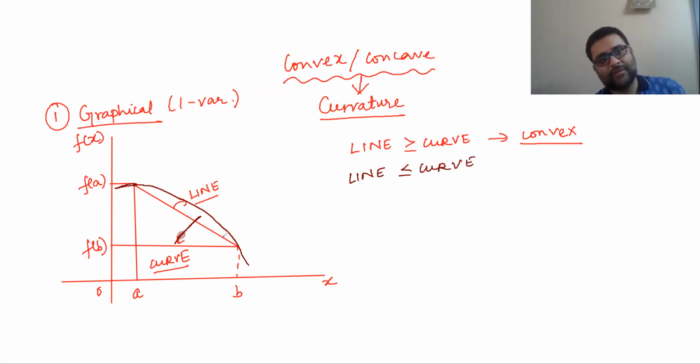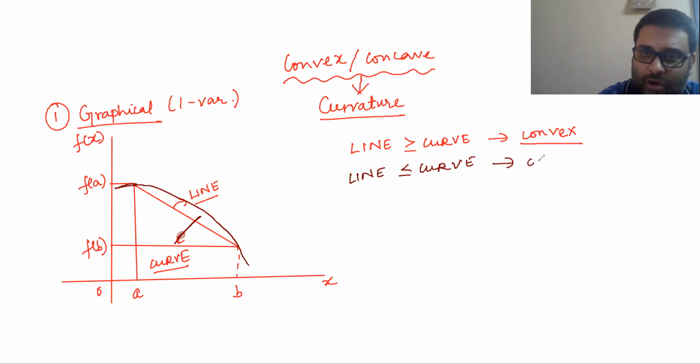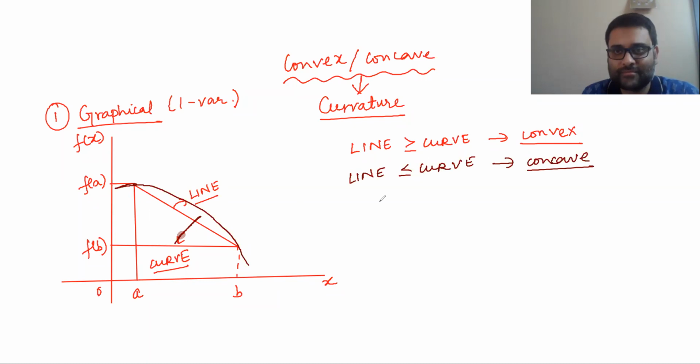I have a curve, join any 2 points on the curve by a straight line, and the line is below the curve. That function is called concave. Okay, so this is the graphical approach. I have a function f(x), I draw the graph, and I notice that on all the points of the graph, if I join any 2 points by a straight line, the line is above the curve, convex. The line is below the curve, concave. That's it, as simple as that.